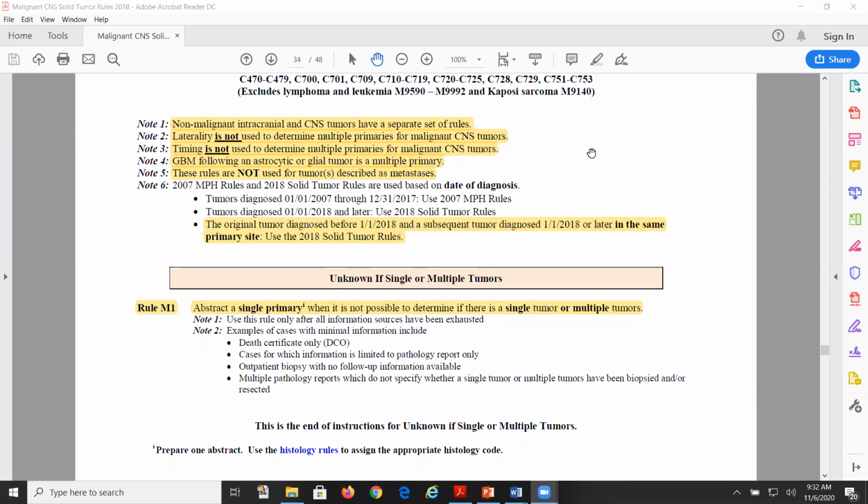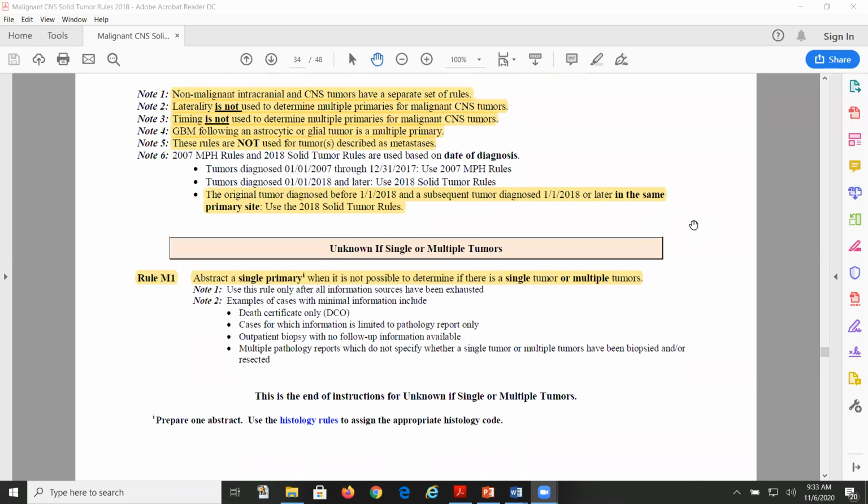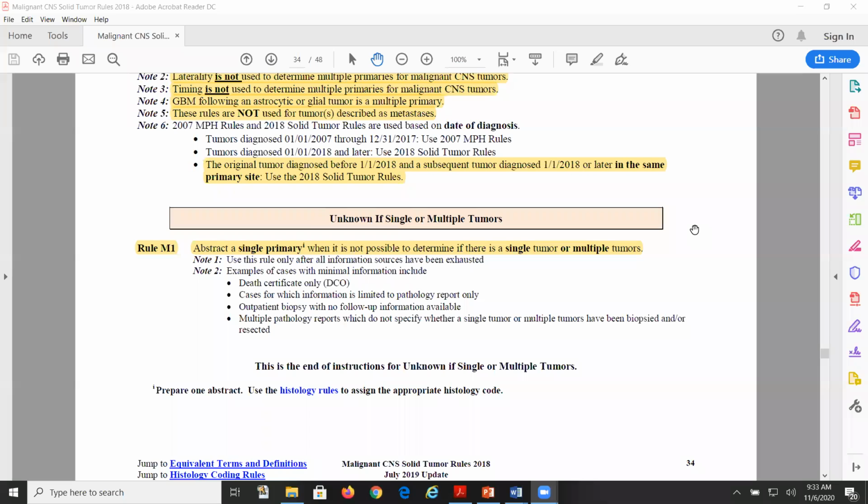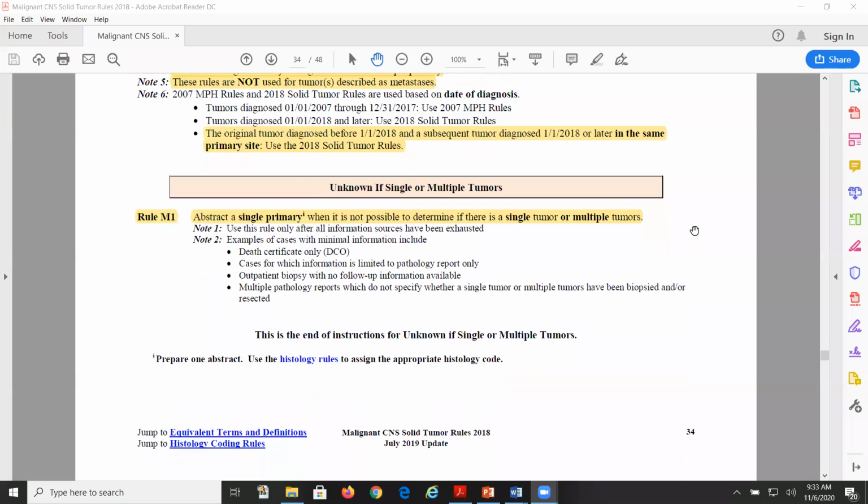A glioblastoma multiforme following an astrocytic or glial tumor is a multiple primary. These rules are not used for tumors described as METs. And then I've already gone over the timing and the scenario for when you have multiple tumors where one is diagnosed in earlier years and one is diagnosed in the time frame for using these rules.